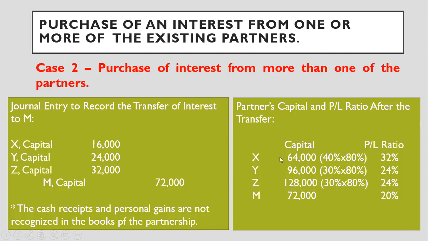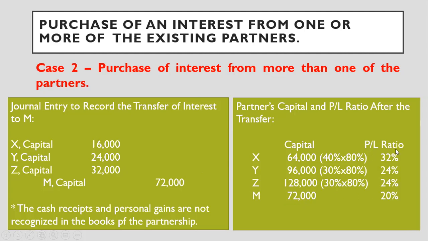So for X, from 80,000 minus 16,000, the remaining amount now is 64,000. For Y, 120,000 minus 24,000, it's 96,000. And then for Z, 160,000 minus 32,000, it's 128,000. And then M will have 72,000.